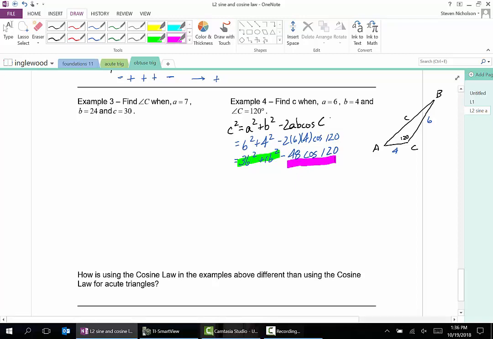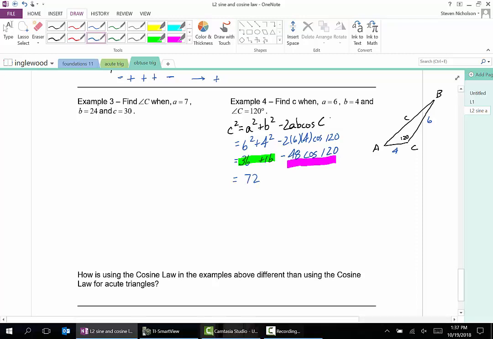So when we do this on our calculator, the calculator knows that and keeps that on track, but I wanted to highlight that. So when you actually punch in 36 and 16 and subtract 48 cos 120, the answer is going to be that.